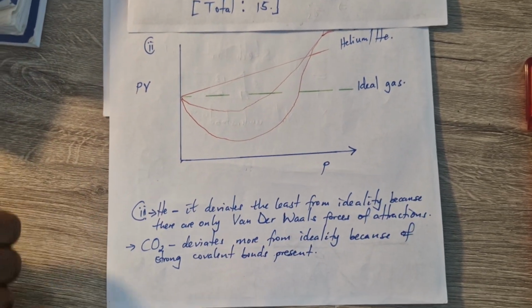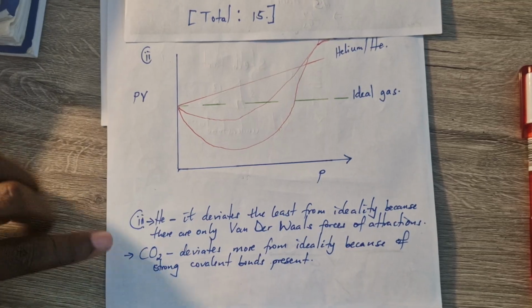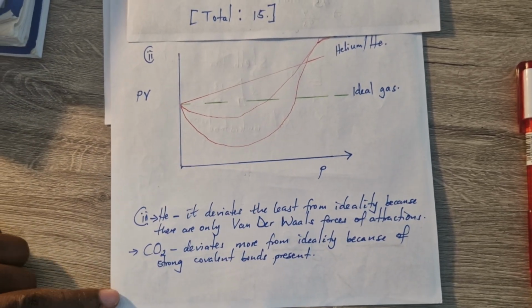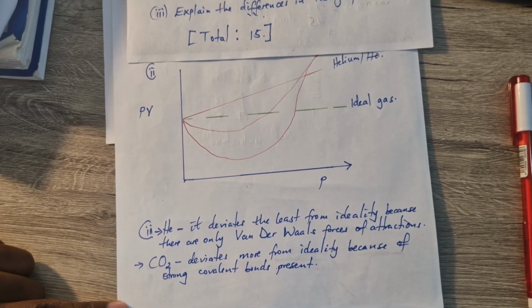So in carbon dioxide, there are covalent bonds between carbon and oxygen atoms.